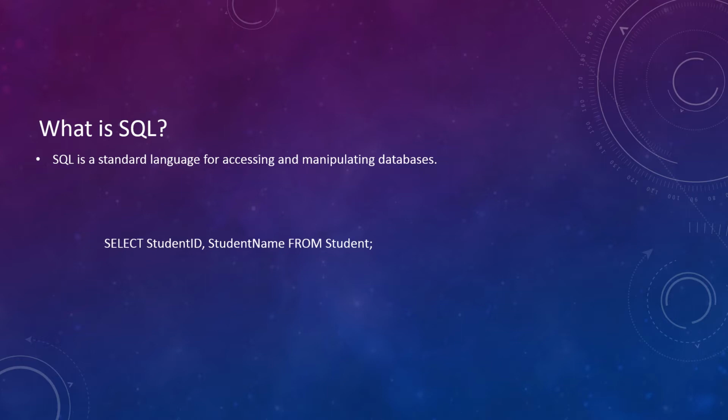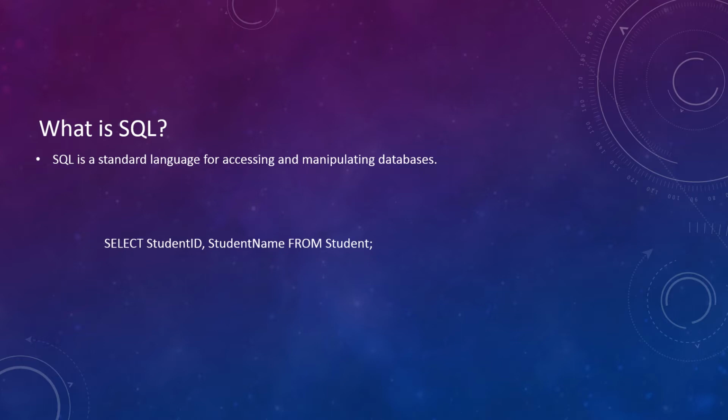So you can see on the screen over here, we are trying to retrieve the student ID and student name from the student table. If you observe the query, you can clearly see that the query has SQL syntax keywords and also a few parameters which indicate what data has to be retrieved.